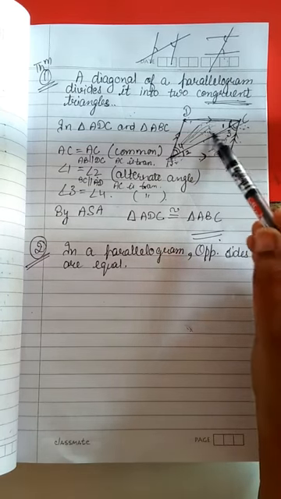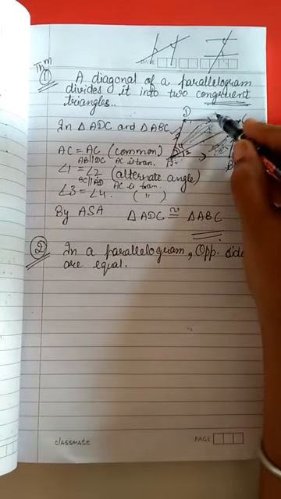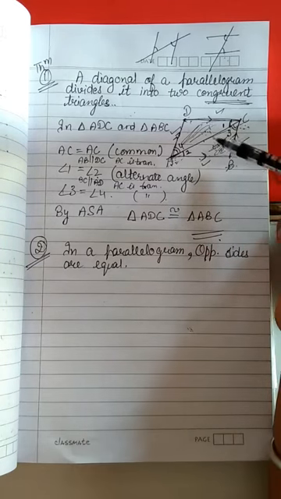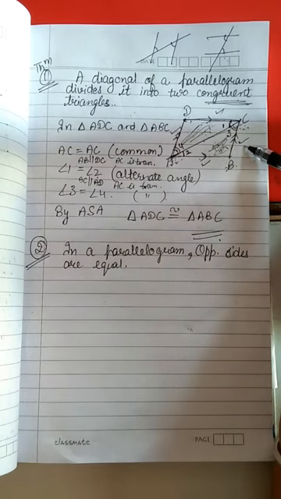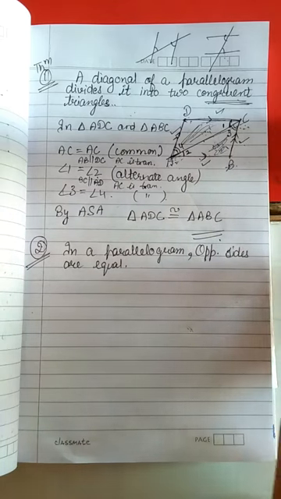If these two triangles are equal, then this side is equal to this side and this side is equal to this side. So by CPCT, opposite sides are also equal. That's why in a parallelogram opposite sides are equal. Okay.